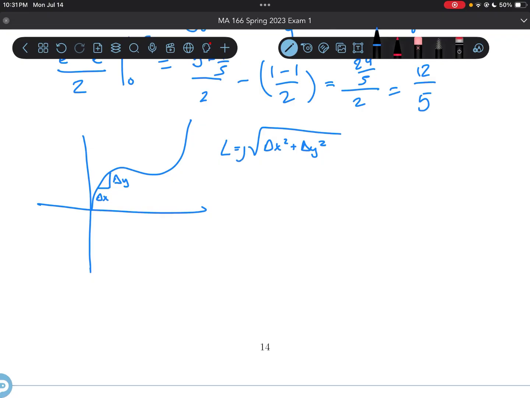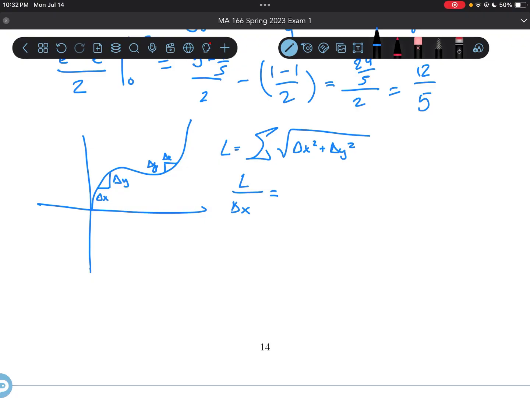And so the total length is just equal to the sum of a bunch of these different segments. Oh, this is y over here. Okay, so as I make delta x smaller and smaller, what I can do is divide both sides by delta x.